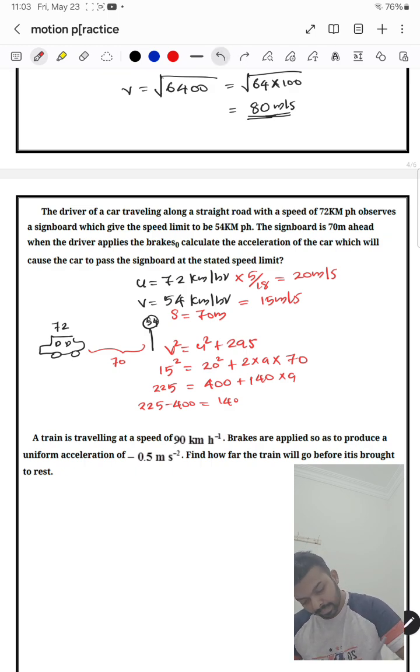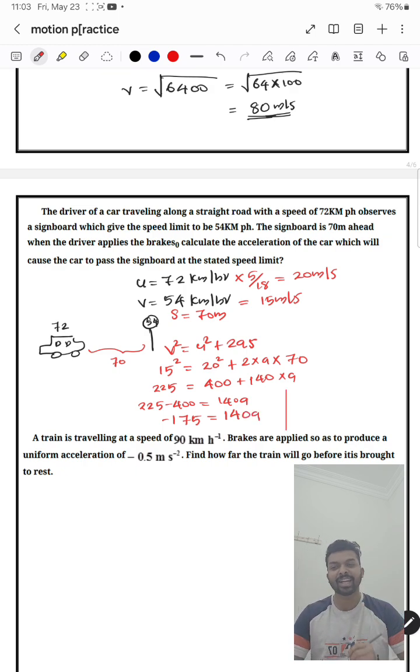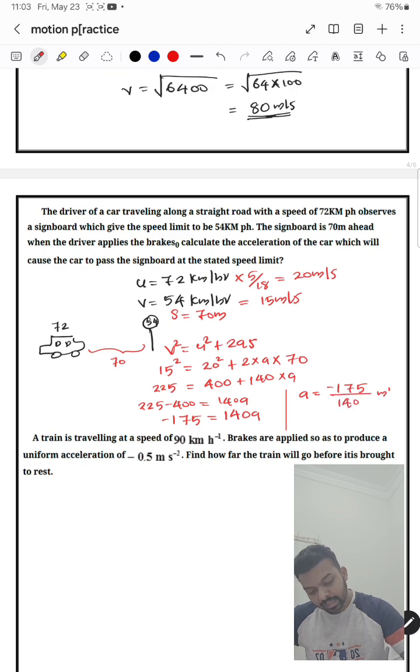So what is 225 minus 400? It will be minus 175, equal to 140A. Here acceleration has become negative. So acceleration is equal to minus 175 divided by 140 meter per second square.